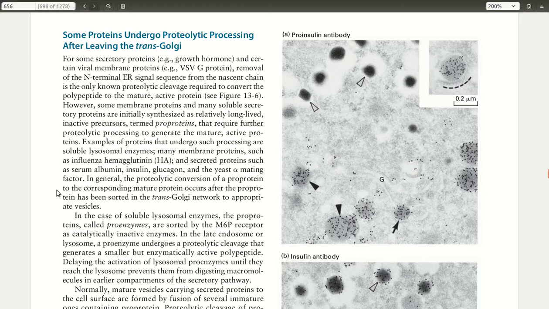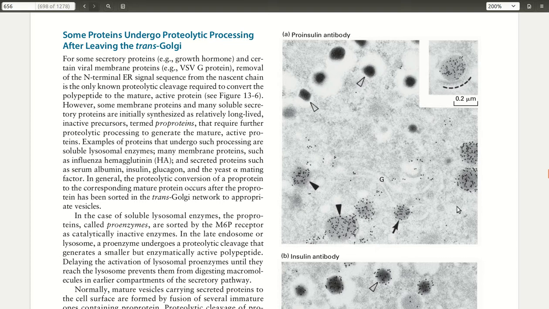Okay, so another important aspect of the late stage secretory pathway is that seen here from these images of proinsulin antibody and insulin antibody experiments.